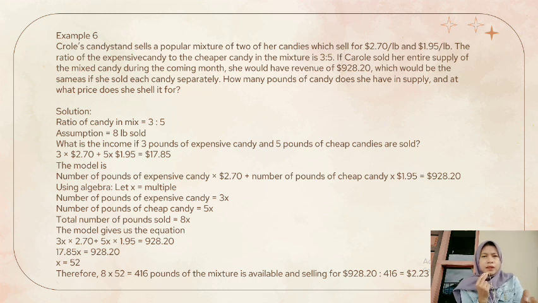Total revenue is $421.20 plus $507 equals $928.20.